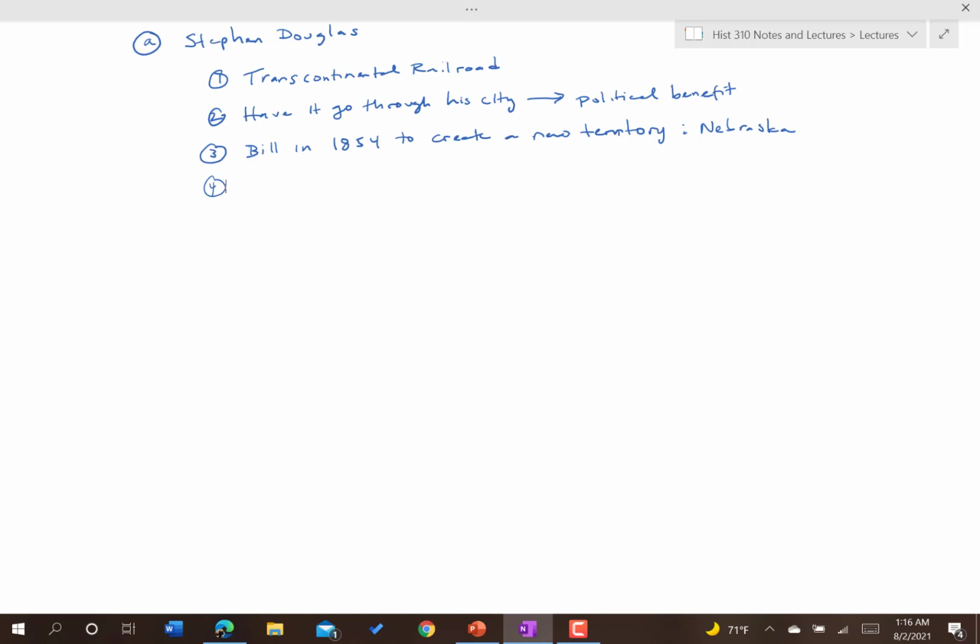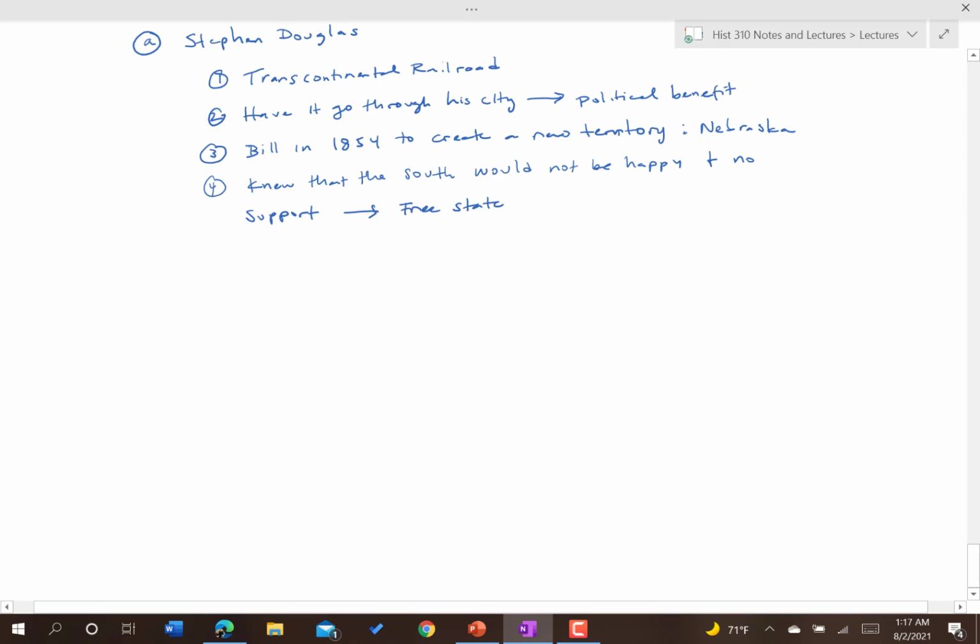Okay, so he created the bill to create territory. Now, what he did know is that the North or South would not be happy, and they wouldn't support it. And we'll say no support because Nebraska would come in as a free state.